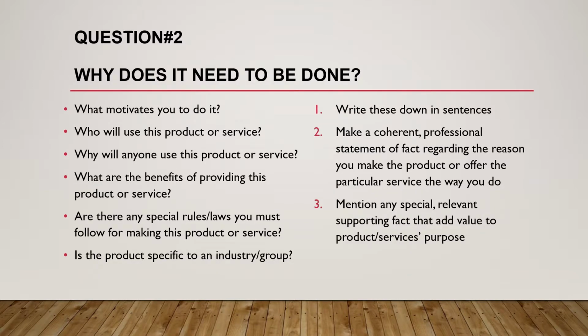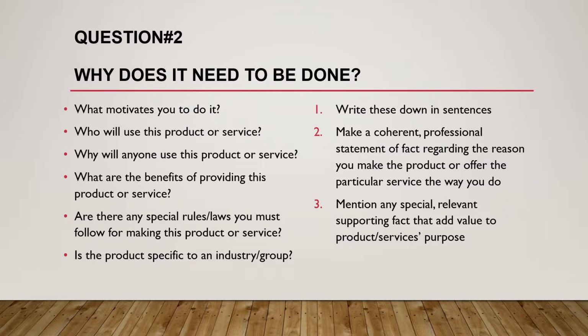Question number 2. Why does it need to be done? In order to answer that, you need to ask, what motivates you to do it? Who will use this product or service? Why will anyone use this product or service? What are the benefits of providing this product or service? Are there any special rules or laws you must follow for making this product or service?